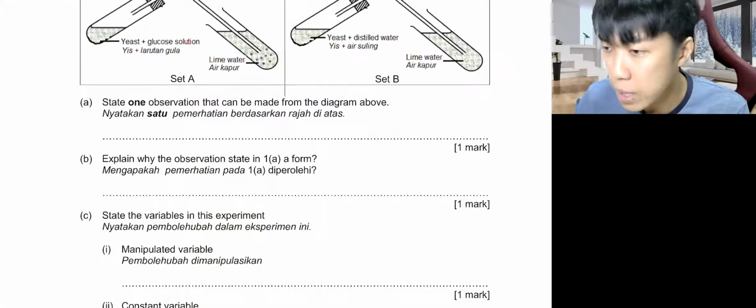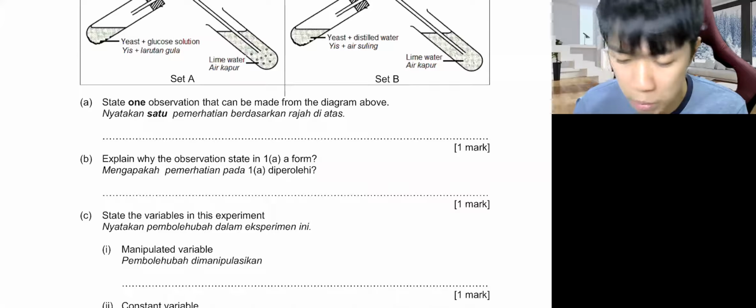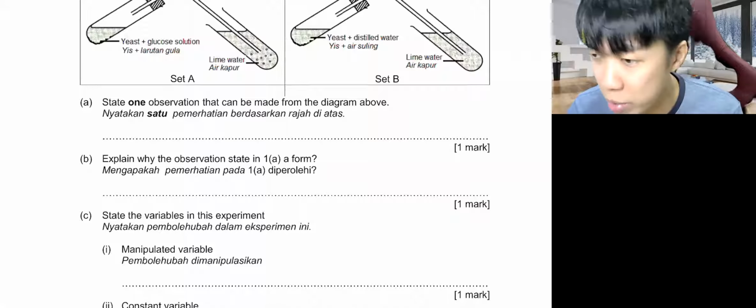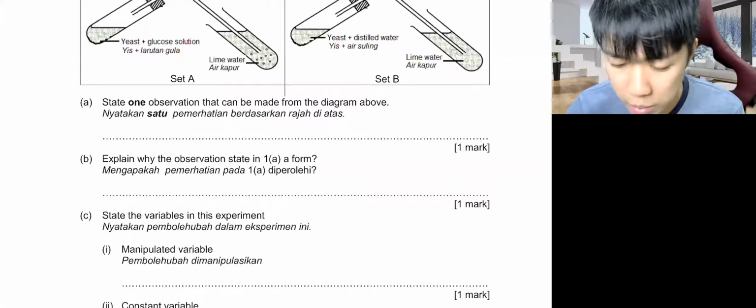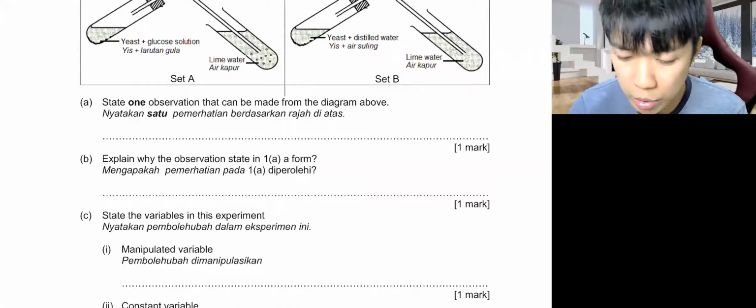Or I would say a simpler one will be, let me type as well: carbon dioxide is released during the reaction between yeast and glucose.